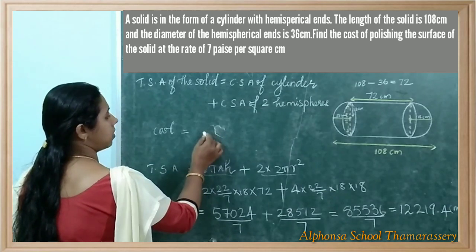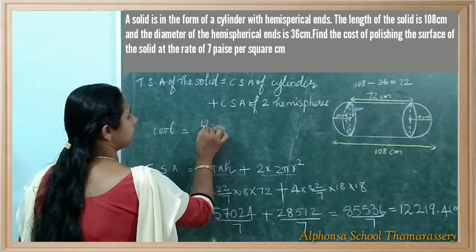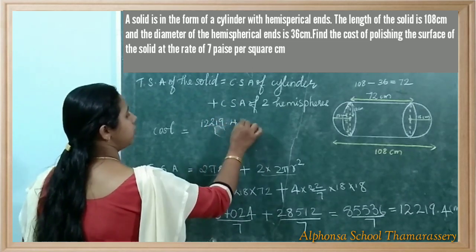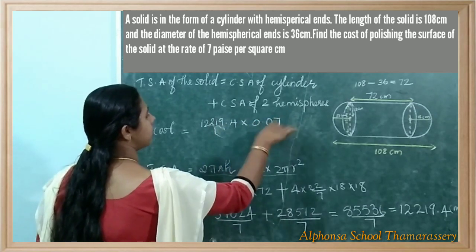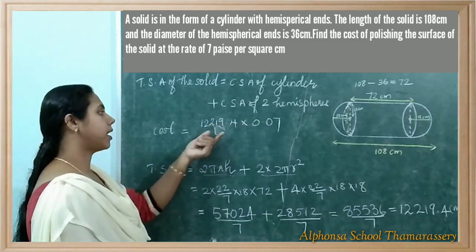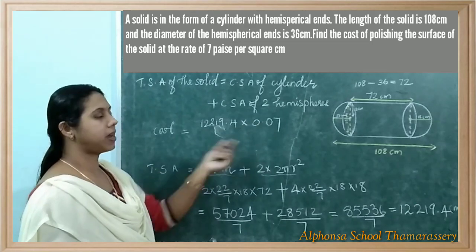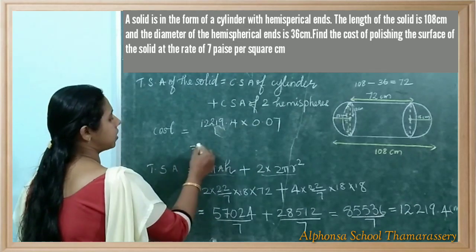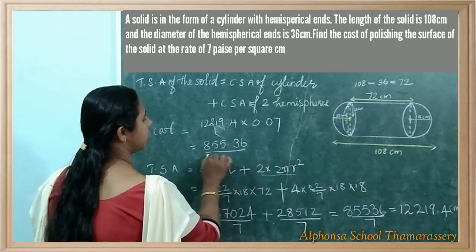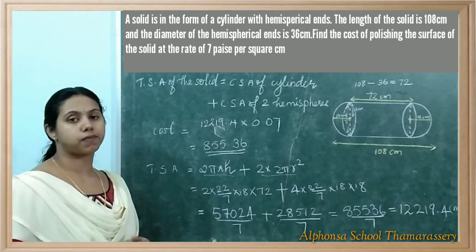So 12,219.4 into 0.07, that is 7 paisa per centimeter square. Change it to rupees, then multiply with 0.07, otherwise you can write 7 by 100. So that is equal to 855.36. So we require this much rupees for polishing the surface of the solid.